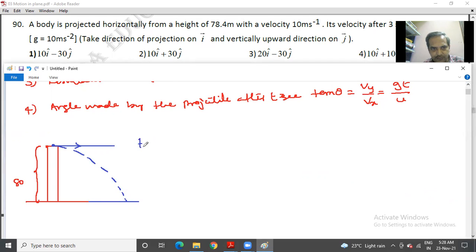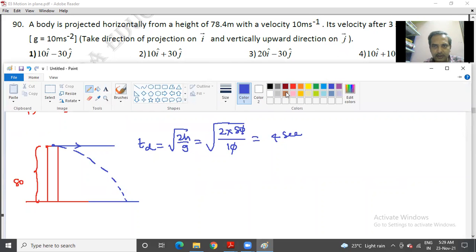What is the expression of time of descent? Time of descent is under root 2h by g. H is how much? I told you to take 80, divided by g, which is 10. So it will be 4 seconds. So definitely you can assume that the ball is in the middle.